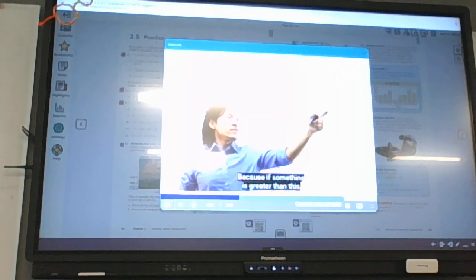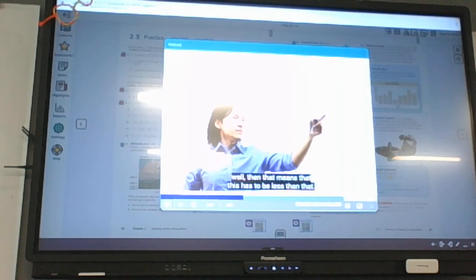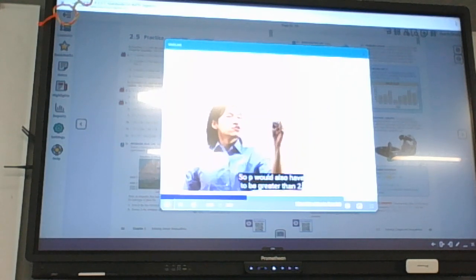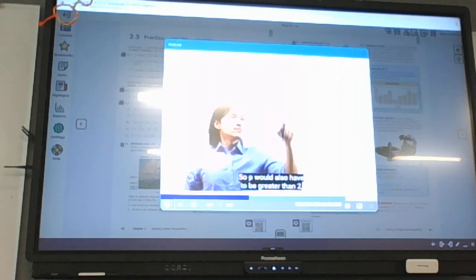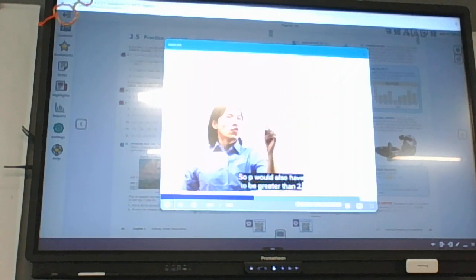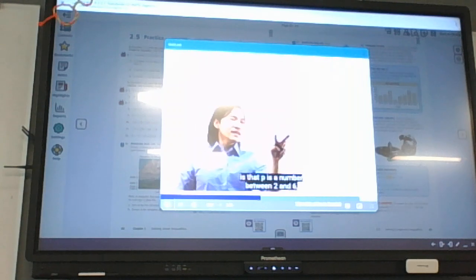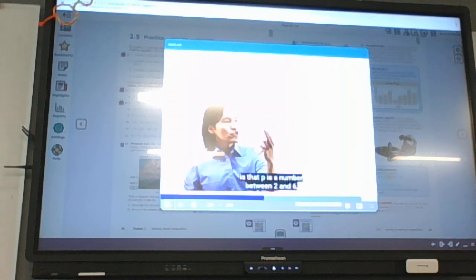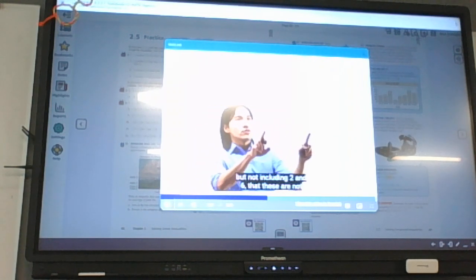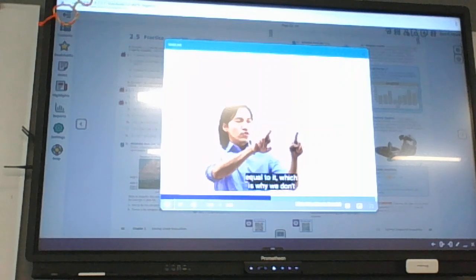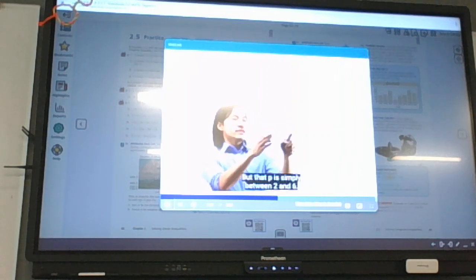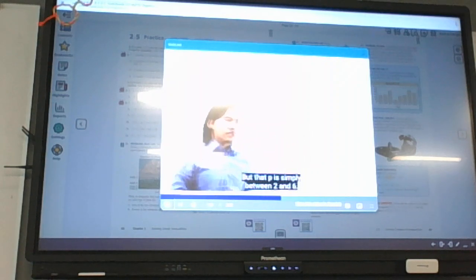Because if something is greater than this, then this has to be less than that. In other words, what they're trying to say is that p is a number between 2 and 6, but not including 2 and 6. That these are not equal to it, which is why we don't have the equal symbols here, but that p is simply between 2 and 6.